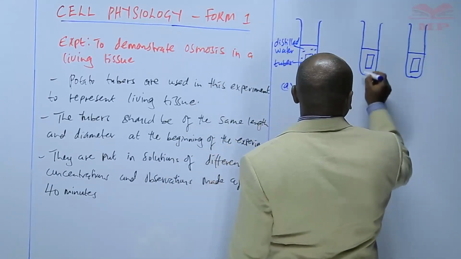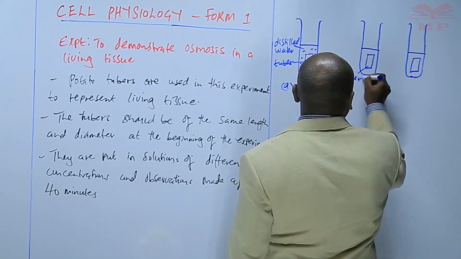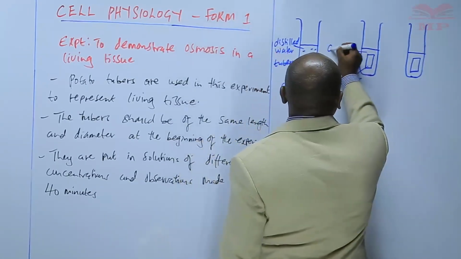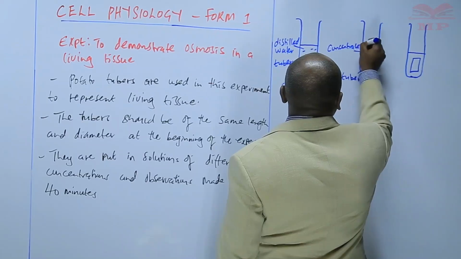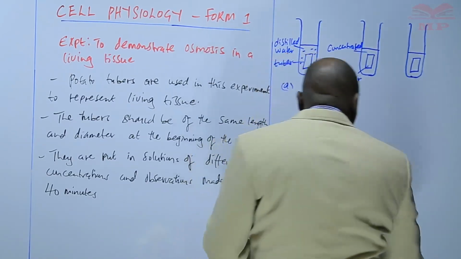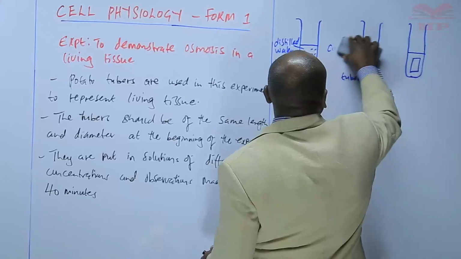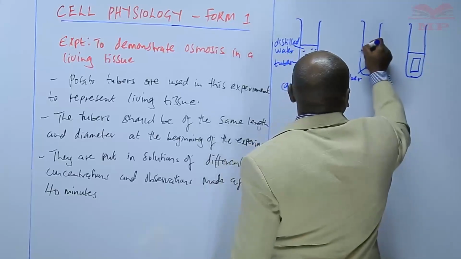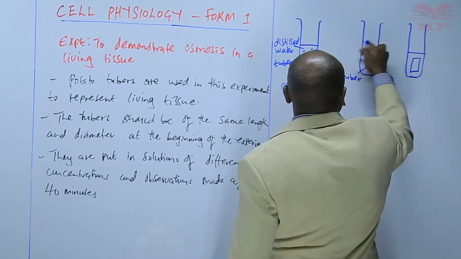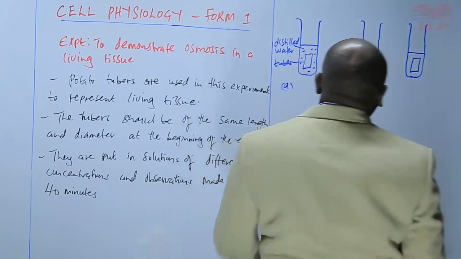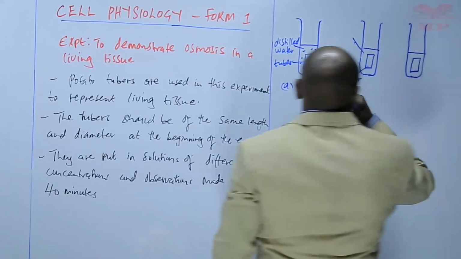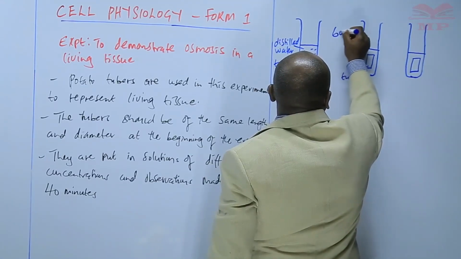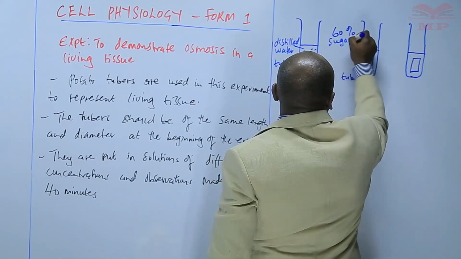The second tuber is put in concentrated, so you can put it as, let's say, 60% sugar solution.